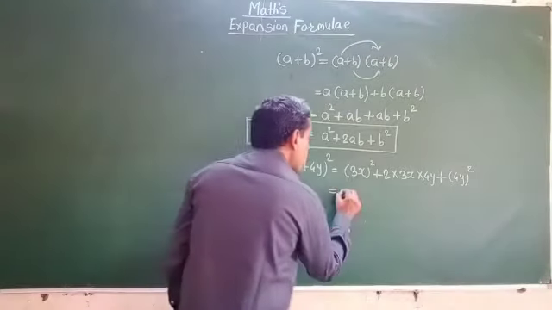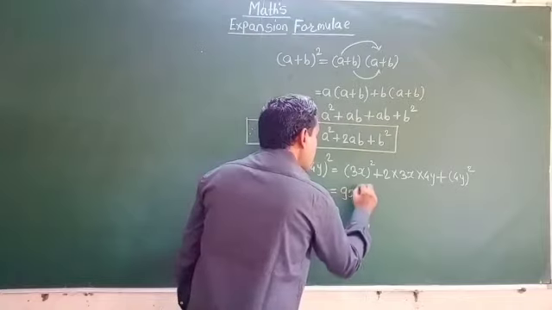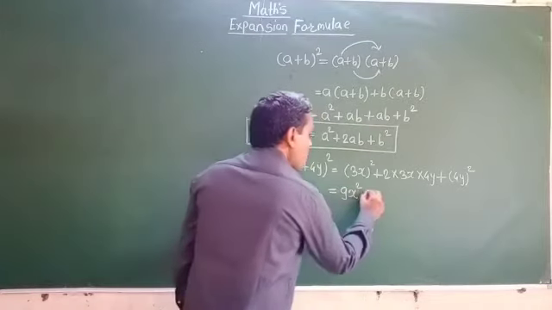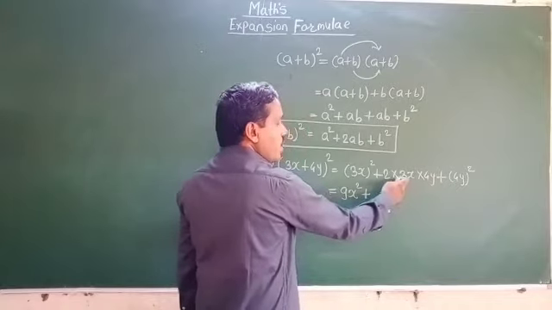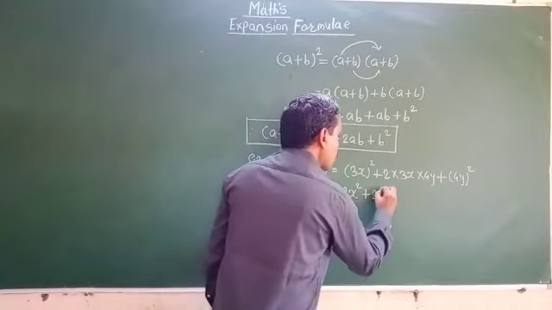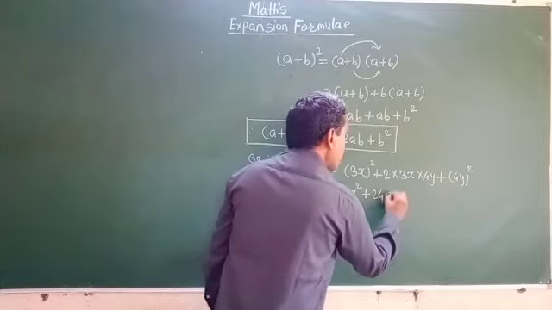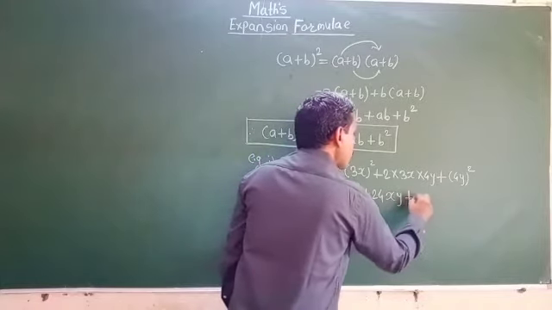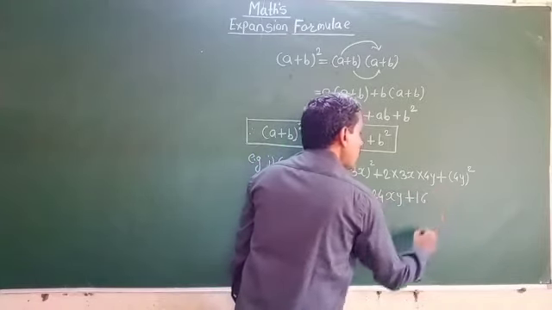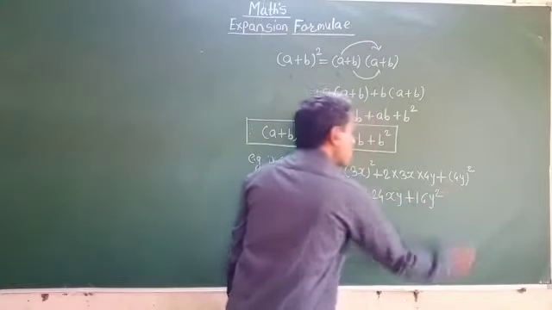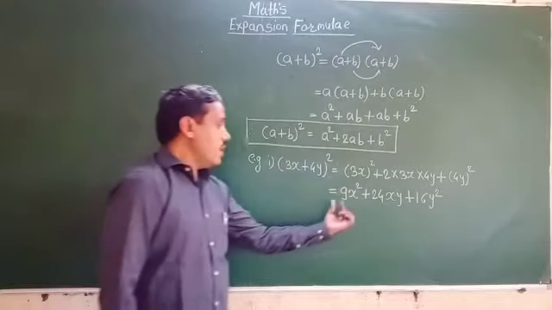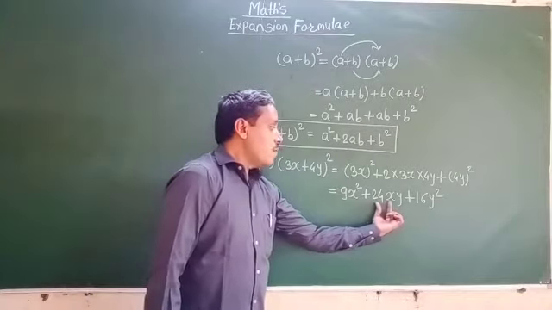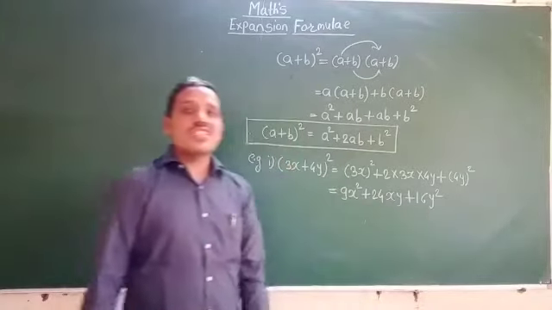The square of 3x is 9x square, plus 4 3s are 12, 12 2s are 24, xy, plus the square of 4 is 16y square. So the expansion of (3x plus 4y) whole square is 9x square plus 24xy plus 16y square.